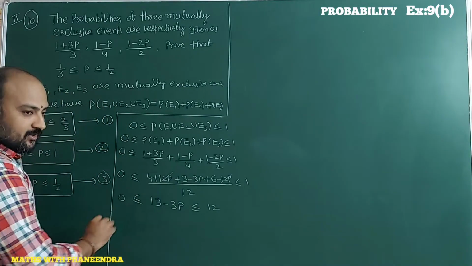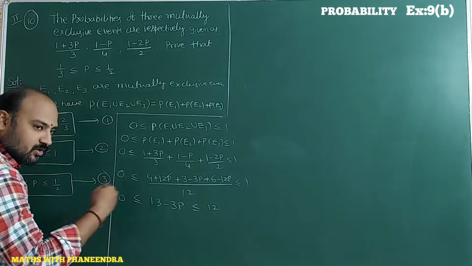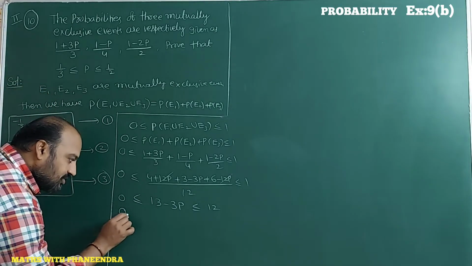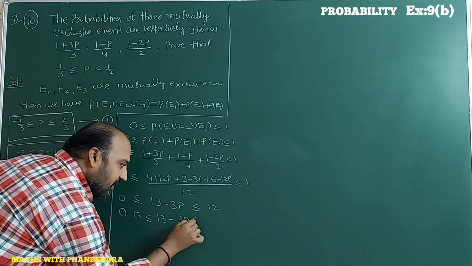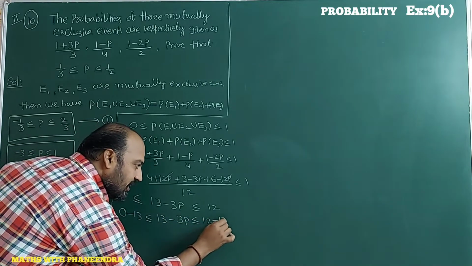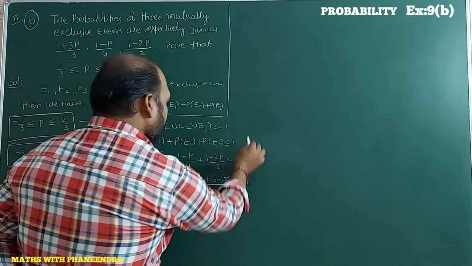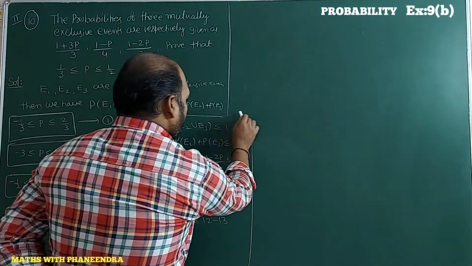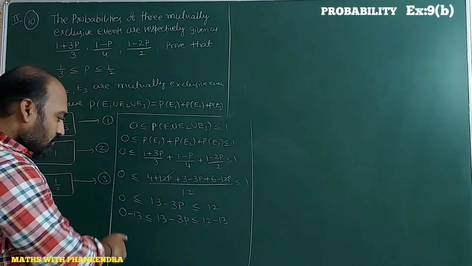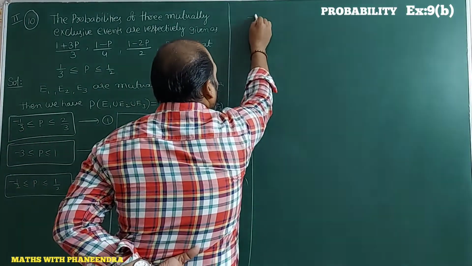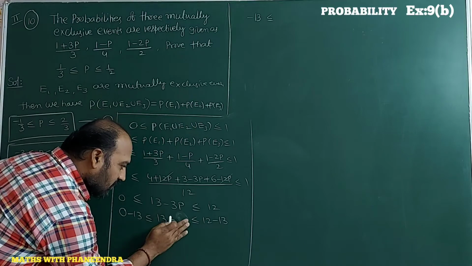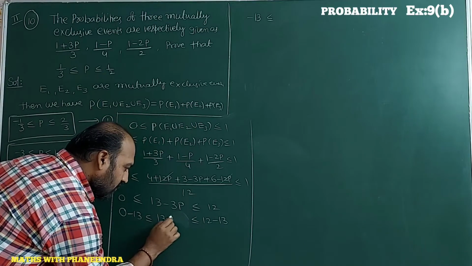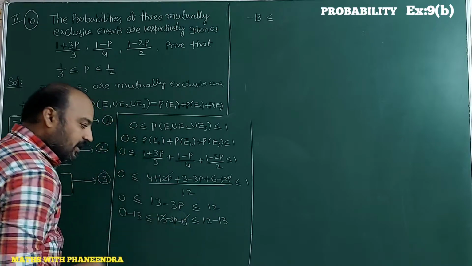So subtract 13 from every term. So 0 minus 13 is less than or equal to 13 minus 3p is less than or equal to 12 minus 13. So from here, minus 13 is less than or equal to, here I forgot to write, I told but I did not write, these two will be cancelled.